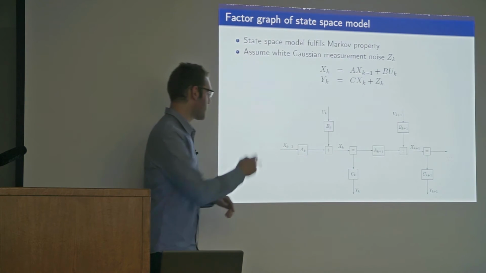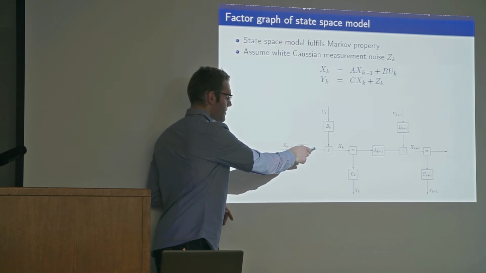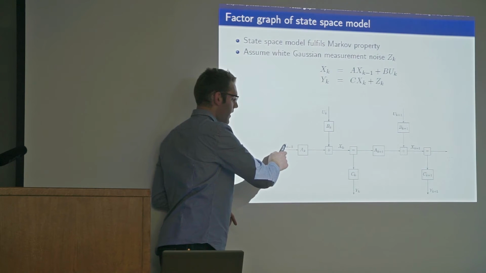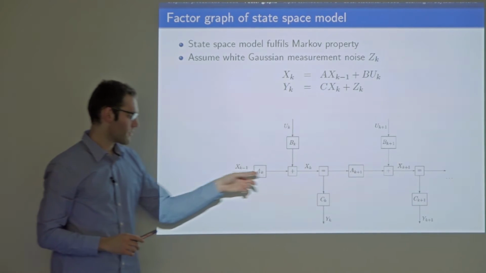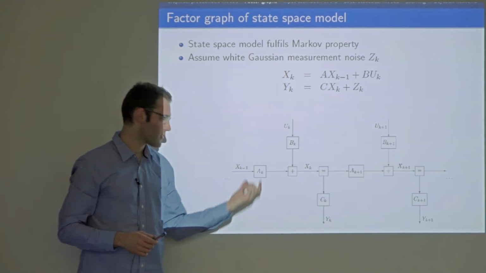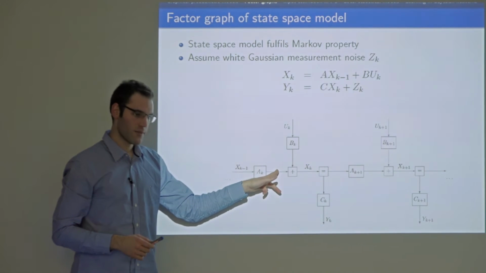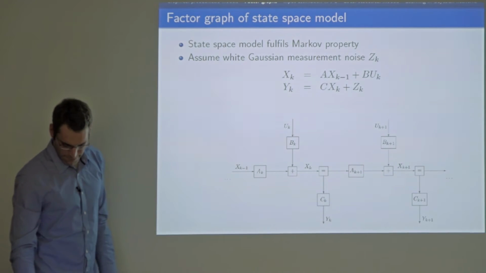I will not write it down, but this would be just a delta of xk, so to say, minus A times xk minus 1. So this factor here, like all boxes in a factor graph, represents a factor, and this is a delta: this one minus A times this one.